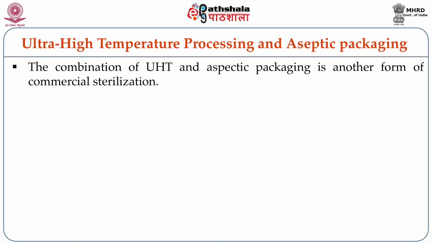After understanding canning, let us now try to understand the next heat preservation technique, that is UHT processing, ultra high temperature processing, and we will also understand aseptic packaging. The combination of ultra high temperature processing and aseptic packaging is another form of commercial sterilization.